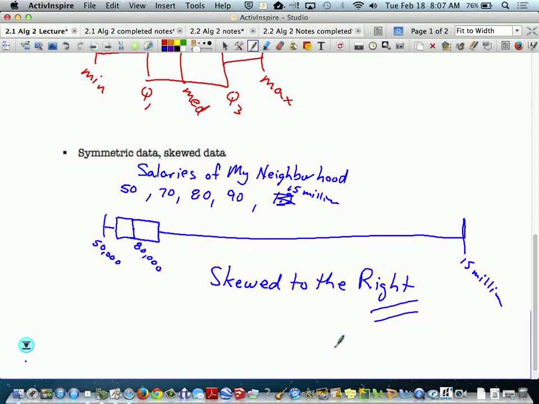The outliers, that's the next term on your graph. So when you look at those boxes, one is symmetric data. Things are spaced fairly even. Skewed right is when the data gets pulled one direction or another, and it always skews towards the outliers.